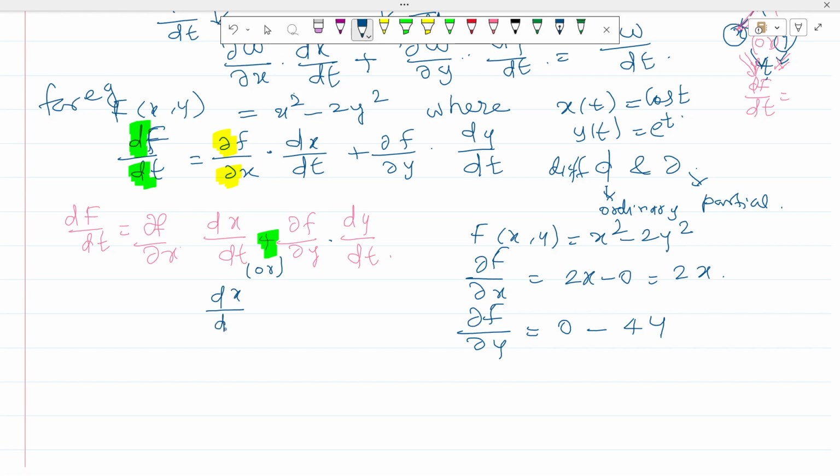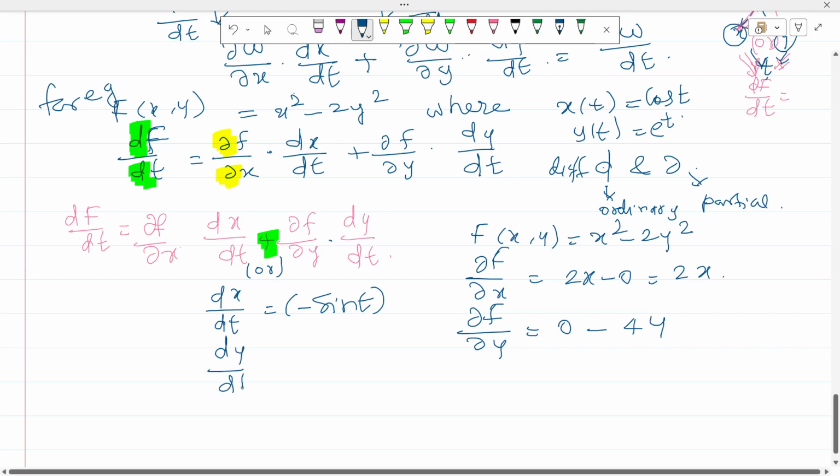So dx by dt: what is x here? Cos t. Differentiation of cos t is minus sin t. Similarly, dy by dt: y is e power t, and differentiation of e power t is e power t only.